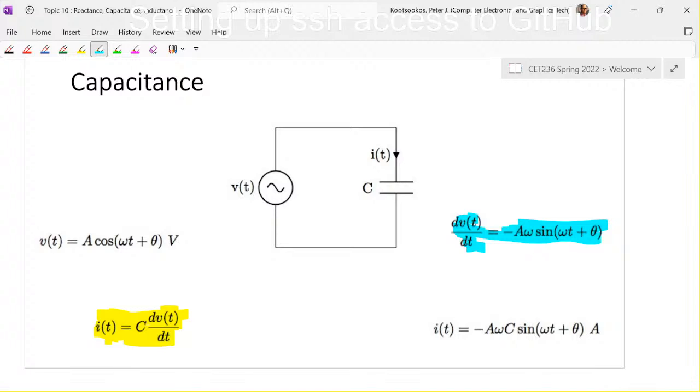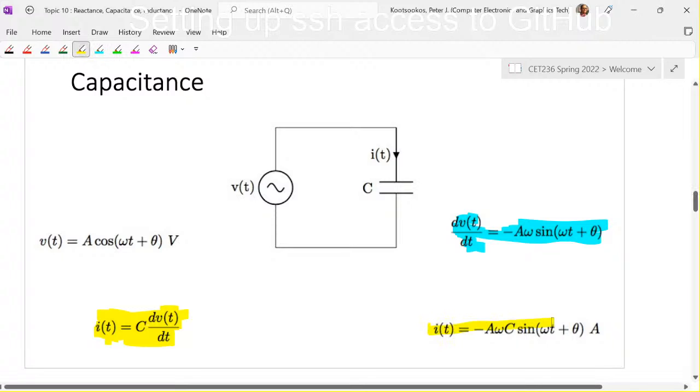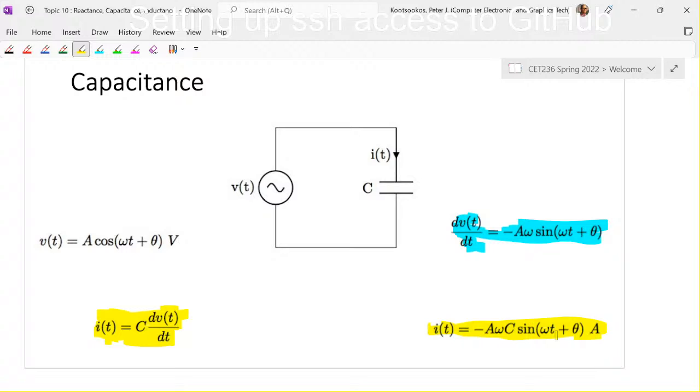So then I can figure out what the current is. It's just C times that, C dV/dt. And then I can go through the same notational shift that I used for the resistor.